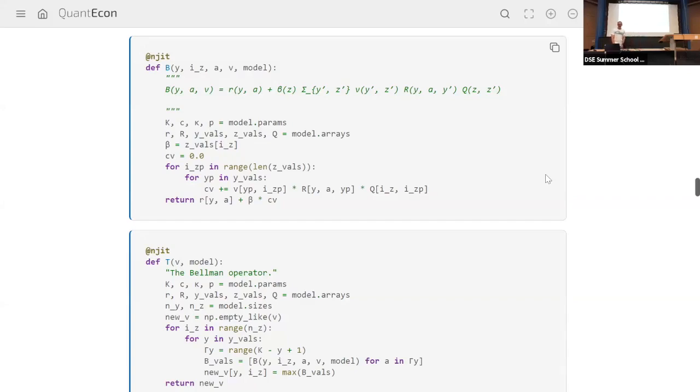So this is Numba. I've written everything in loops. Like I said, that's my starting point. So usually what I do is I write, this guy here is the right-hand side of the Bellman equation. So if you think back to the Bellman equation, for this particular problem, it looks exactly like this. That looks super weird, but that's a beta.